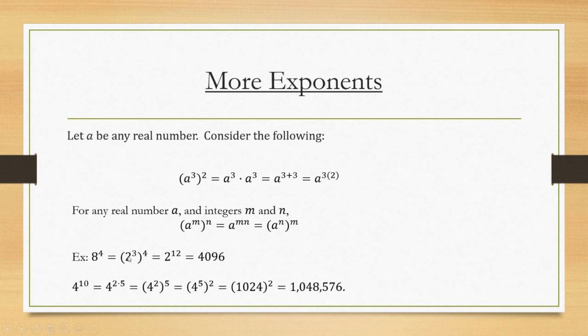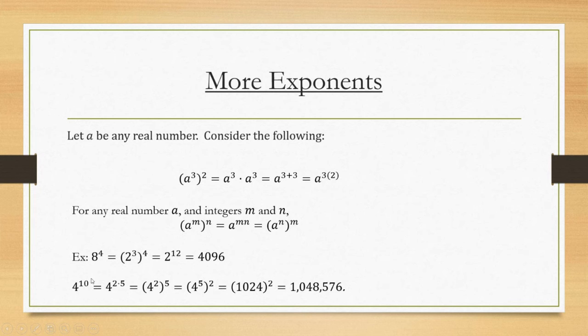And again, I just threw in 2 examples here. So 8 to the 4th, right? Well, since 8 is 2 cubed, that's the same as 2 cubed raised to the 4. Now, using this rule, you can multiply the exponents, right? So you get 2 to the 12th.